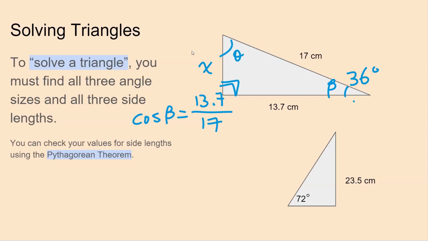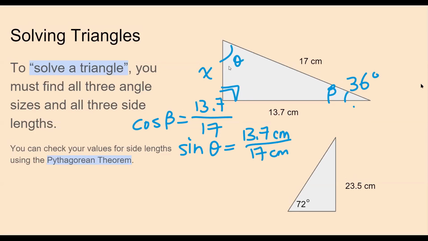Or we can do trigonometric ratios. We can use sine to figure out angle theta. So let's try that since this is a trigonometry unit. So the sine of theta is equal to the opposite, which is 13.7 centimeters over 17 centimeters.